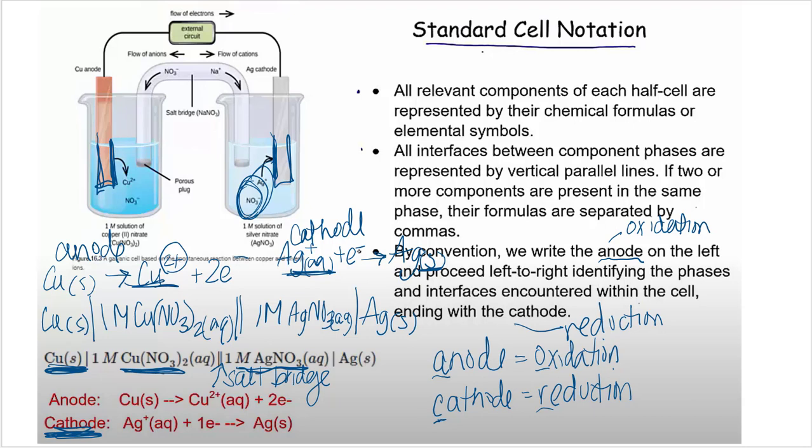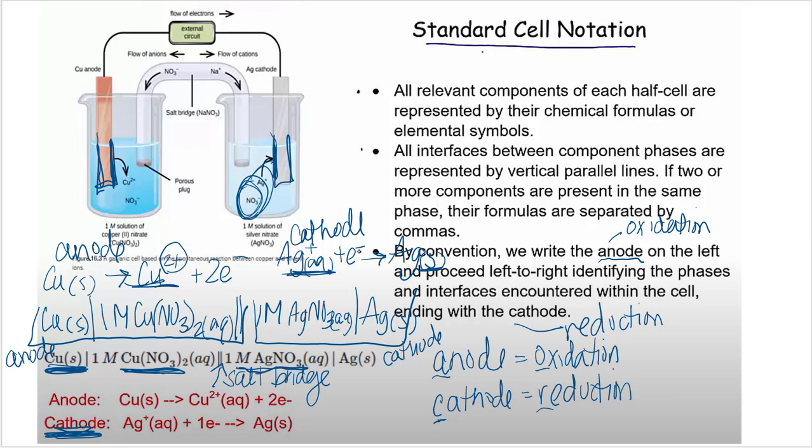So on our left here, we have our anode. On the right here, we have our cathode. We have our salt bridge right in the middle with our double parallel lines. And this is the standard cell notation for the battery that we have been drawing. Anode on the left, we use a parallel line to separate the phases that I find in there.